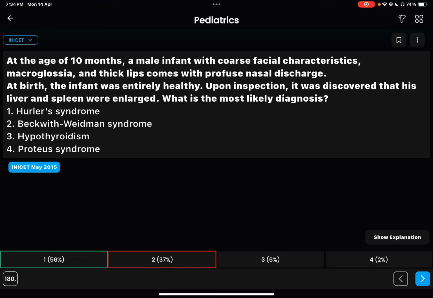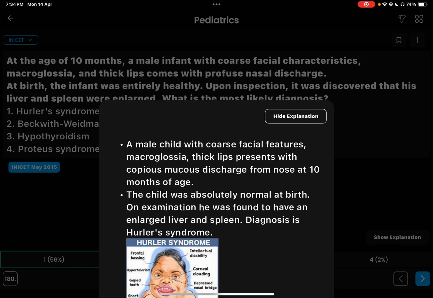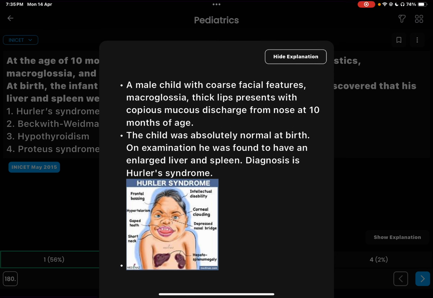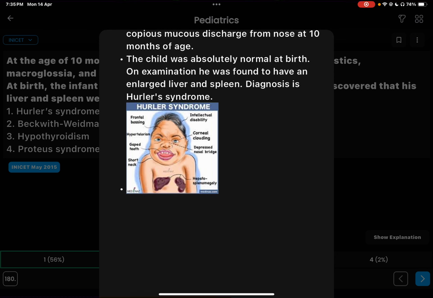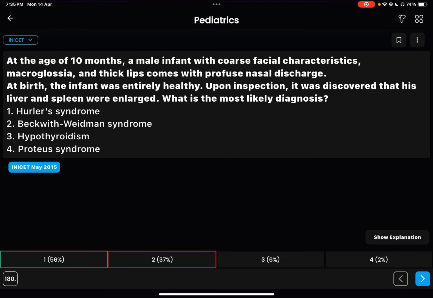Answer is Hurler's syndrome. There is a Hurler syndrome child. Hepatosplenomegaly. And they have copious nasal discharge. Remember, one would not like to care for a Hurler syndrome child.